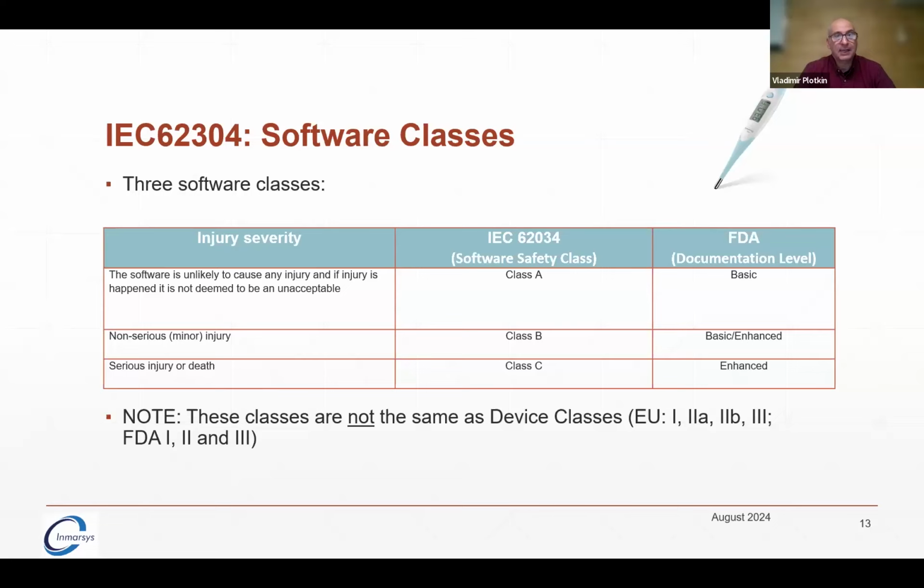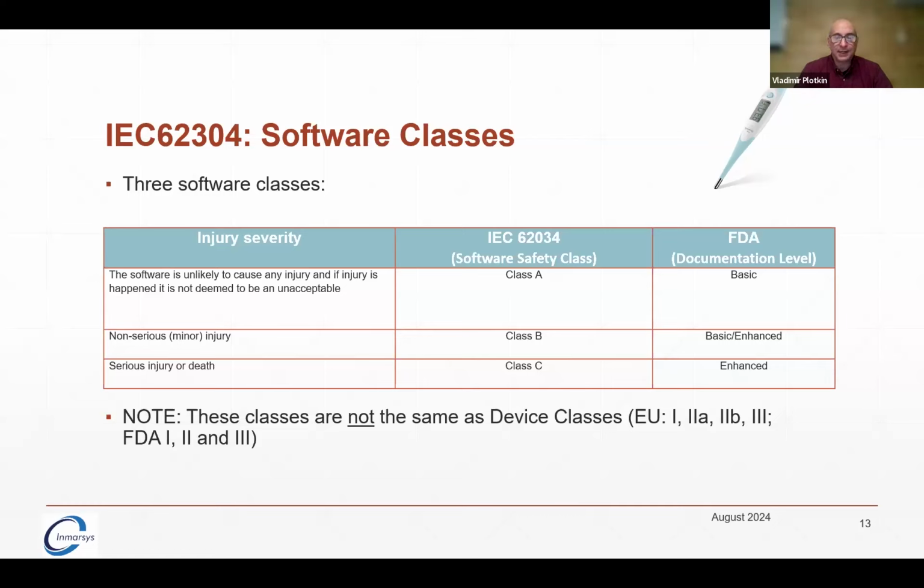If, say, your GP or a medical professional is using this device, it can be class B, because they'll be basing the diagnosis on it, but the responsibility for the result of the diagnosis is still going to be with the medical professional.